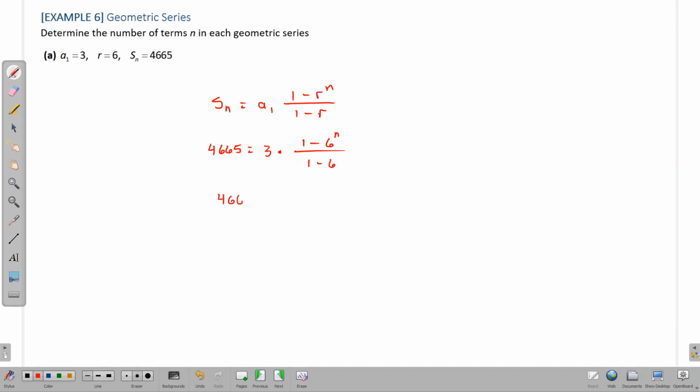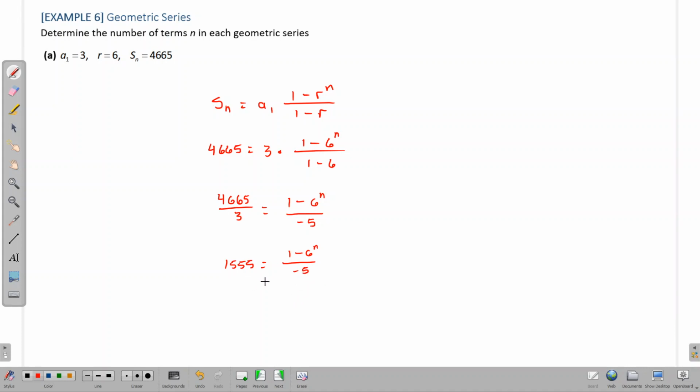So we're going to do 4,665 over 3 equals 1 minus 6 to the n over negative 5. If this left-hand side does not divide nicely, then you need to leave it as the fraction. But in this one, it does divide out nicely. You get, I believe, 1,555, equals what we had over here.